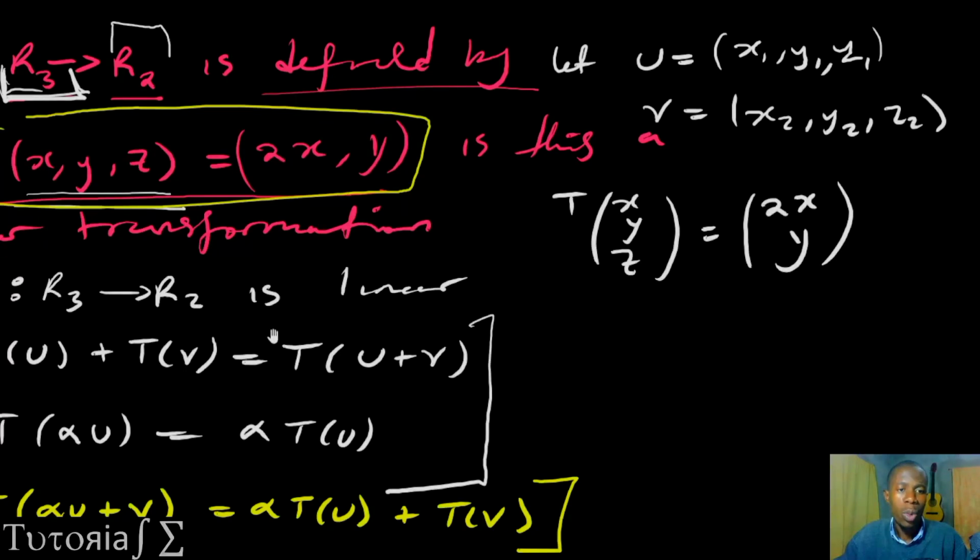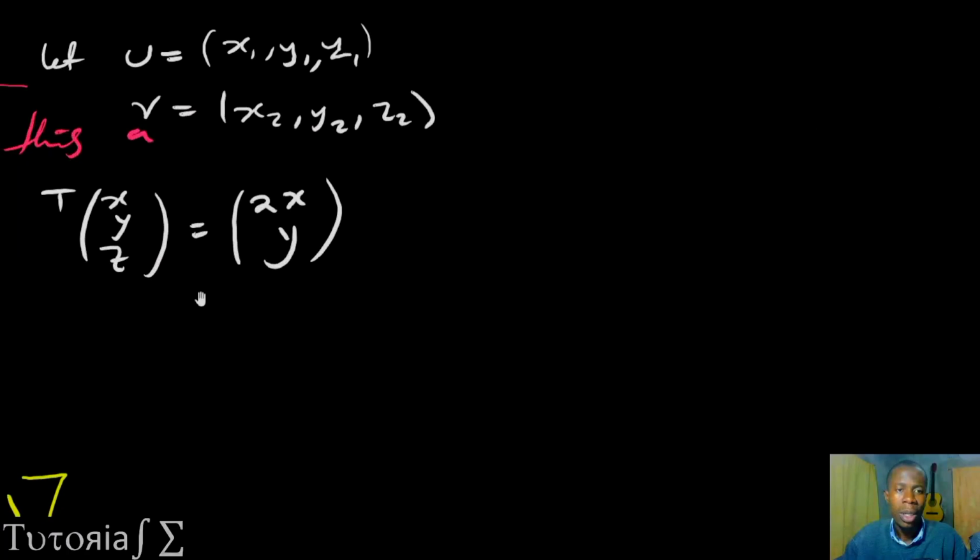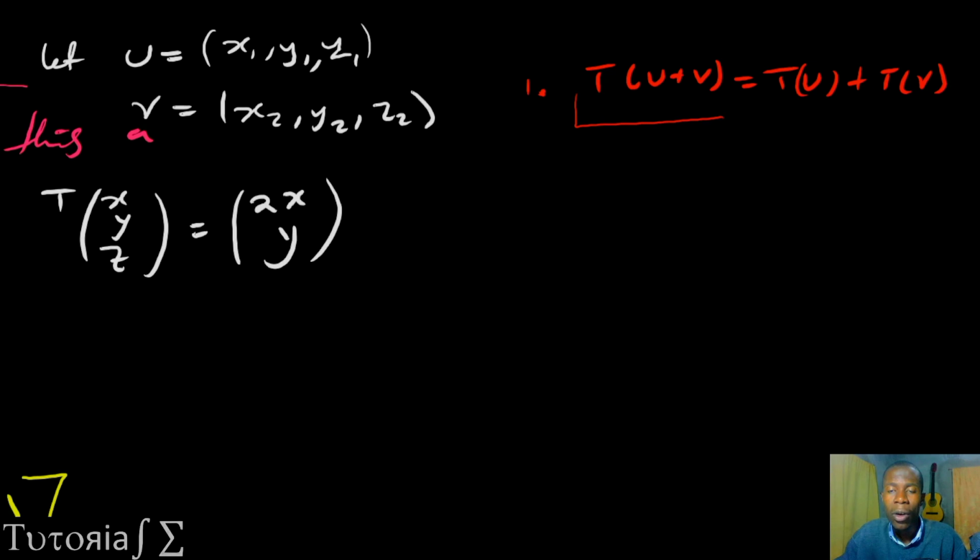Now we'll start with the first condition. Condition 1: the transformation of u plus v should be equal to the transformation of u plus the transformation of v. We can start with either side. If we start with this side of the equation, we need to produce the other side. That is the goal here.